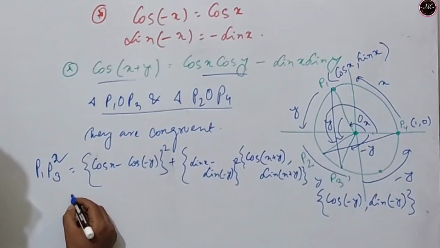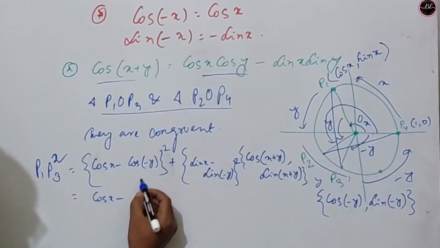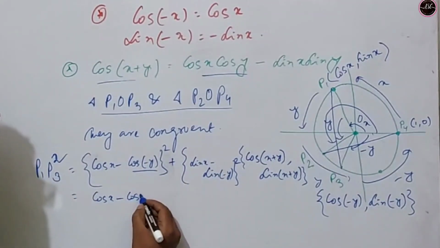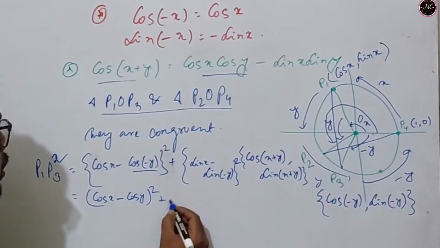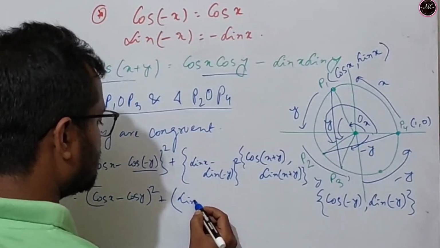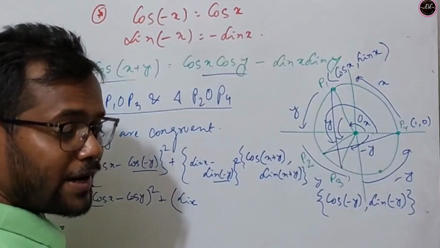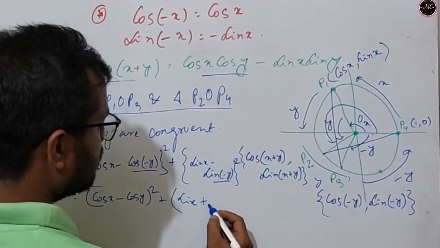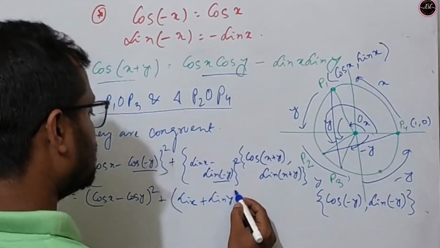From this we get cos of minus y equal to cos y, and sin of minus y equal to minus sin y, that means minus minus will be plus sin y whole square.